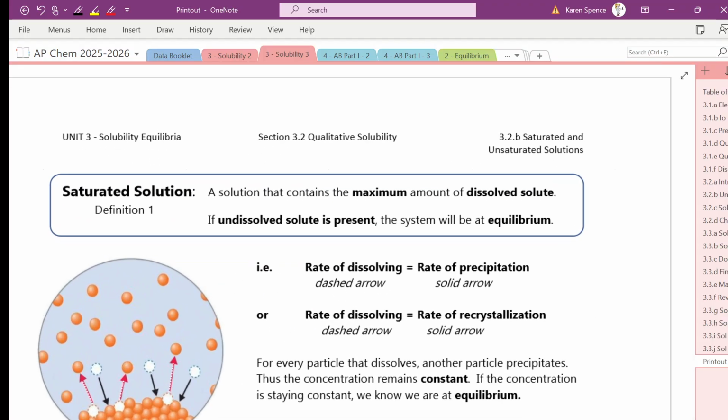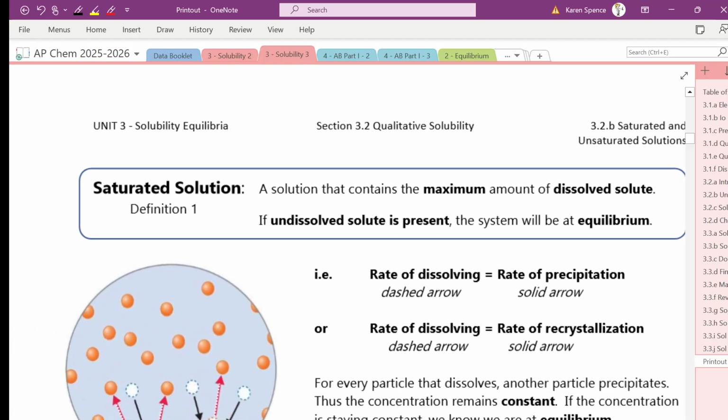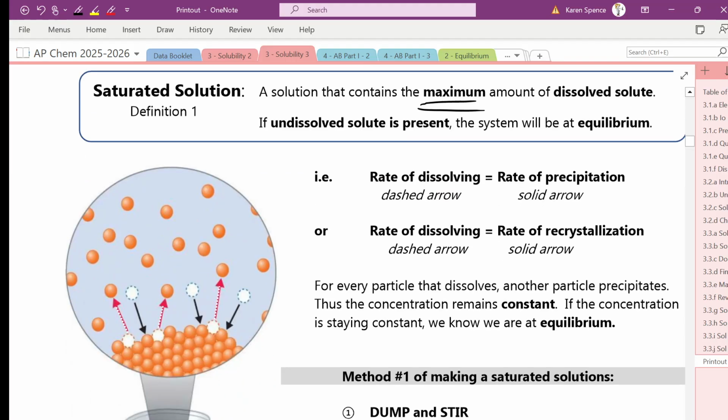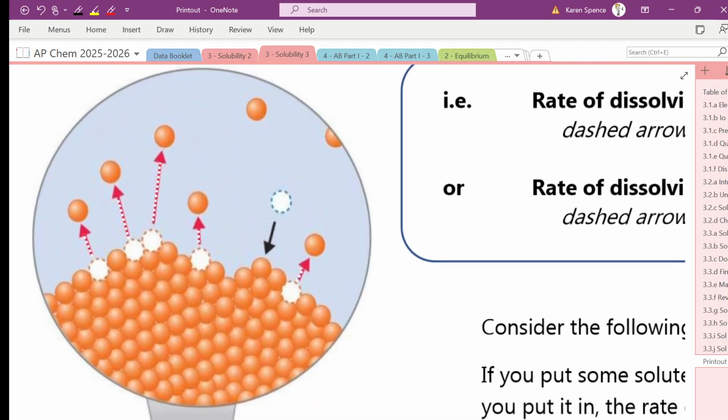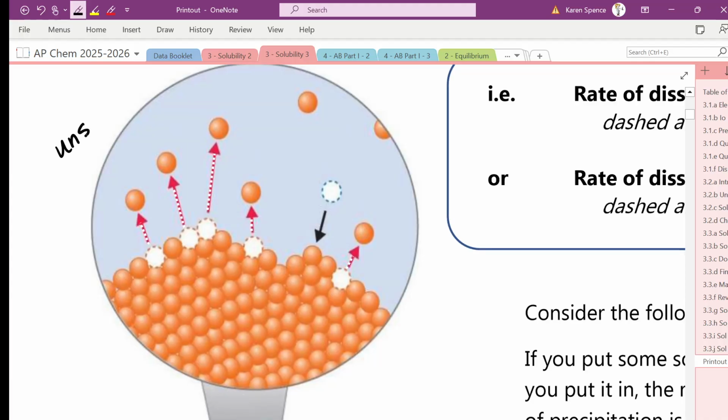We were here and we have a saturated solution, and that saturated solution, as we said, contains the maximum amount of dissolved solute. And if we have undissolved solute present, it will be at equilibrium. You can actually see, I don't think we paid much attention to this diagram. This is unsaturated. This was on our previous page. And you can see there's lots of dissolving, but much less recrystallization.